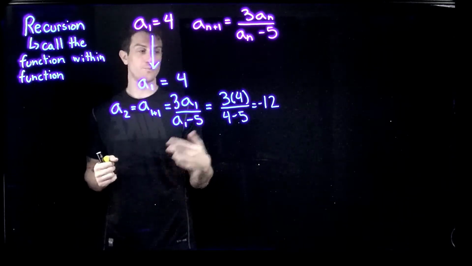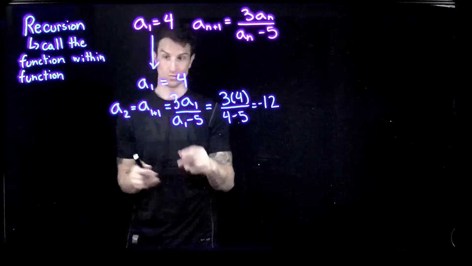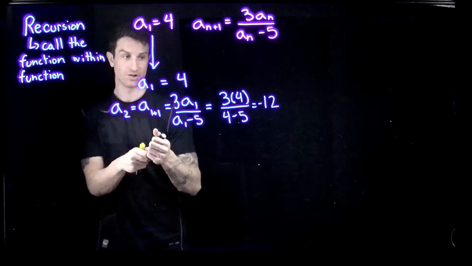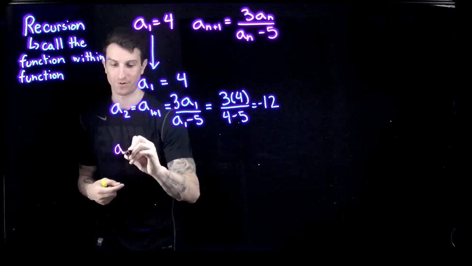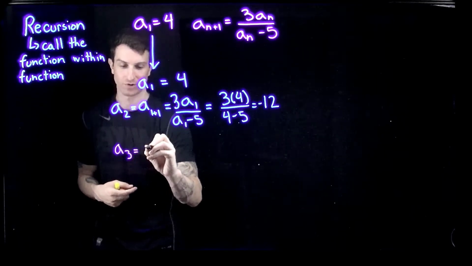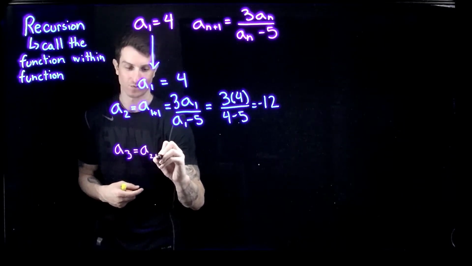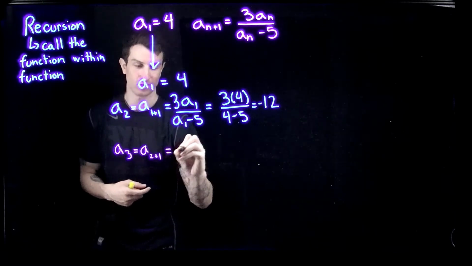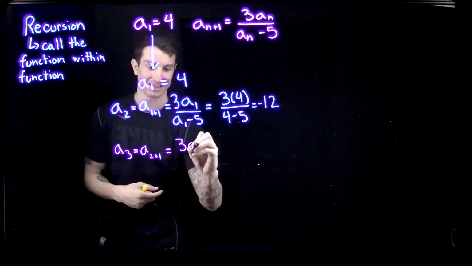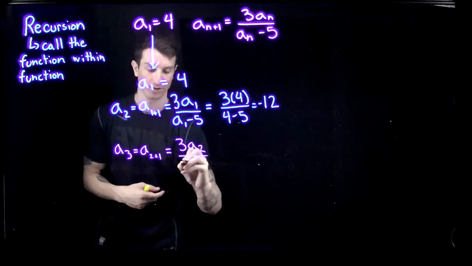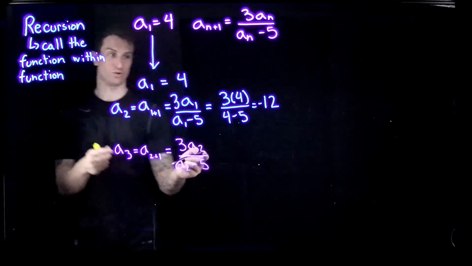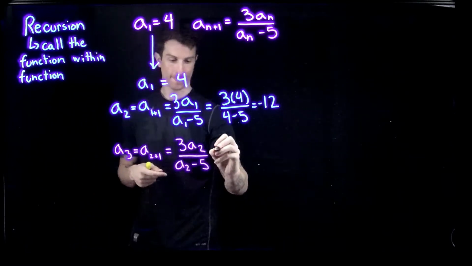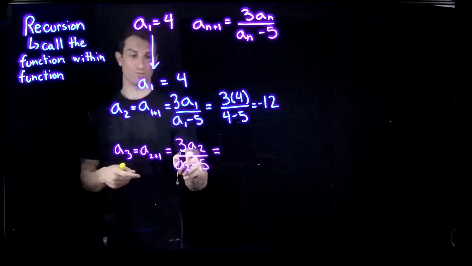Okay, and we just keep repeating this process. So now we have a sub 2 figured out. So when I move on to a sub 3, a sub 3 here is going to be equal to, well, this is the same, just rewritten. So now I'm looking at 3 times a sub 2 all over a sub 2 minus 5. And now I'm looking at the previous iteration, and I'm going 3 times a sub 2.